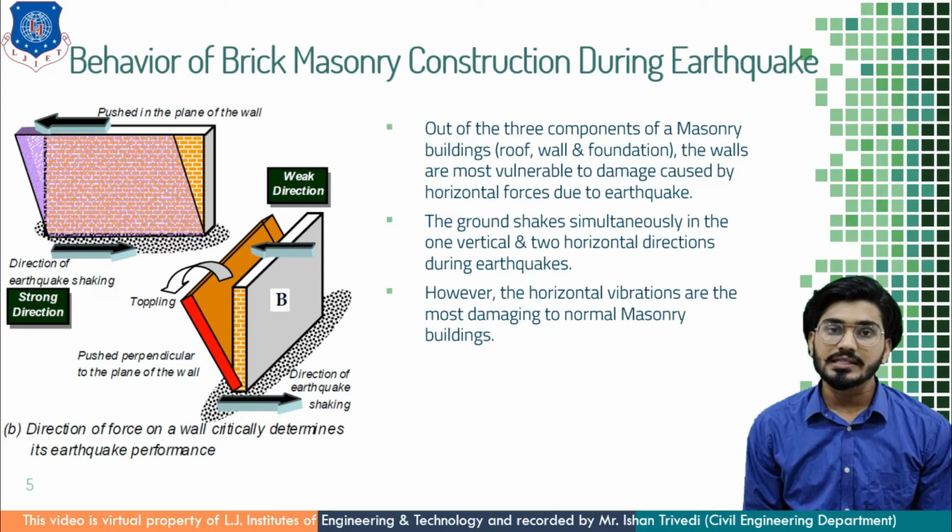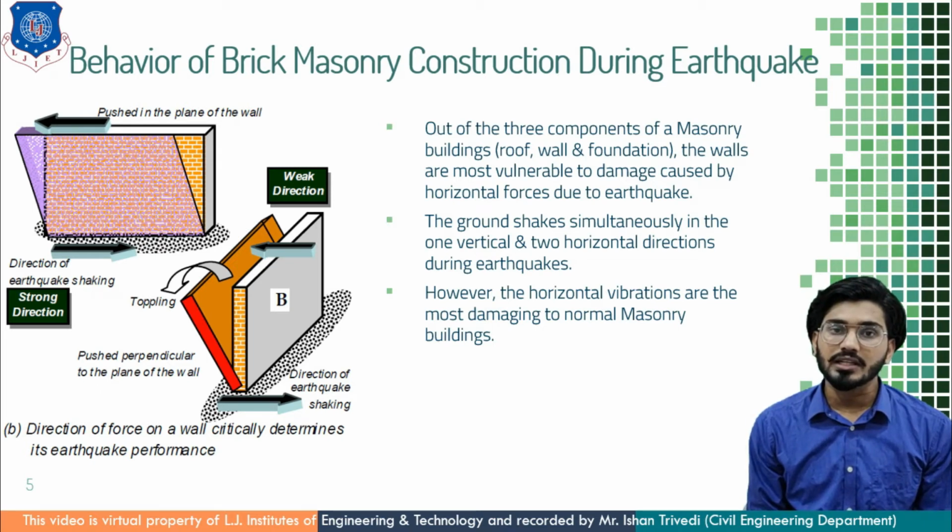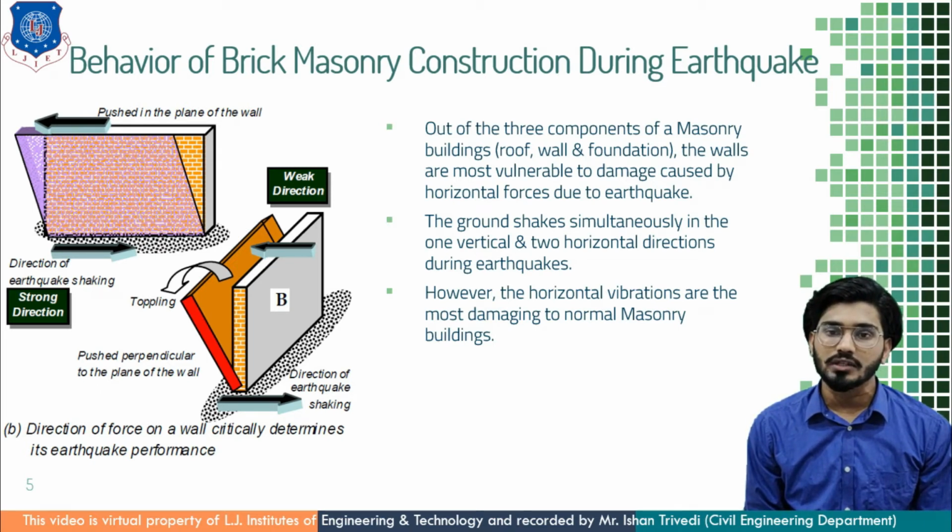However, these horizontal vibrations are the most damaging. See, there is only one vertical component and two horizontal components. So these horizontal forces, or horizontal vibrations, are most damaging to normal masonry structure.